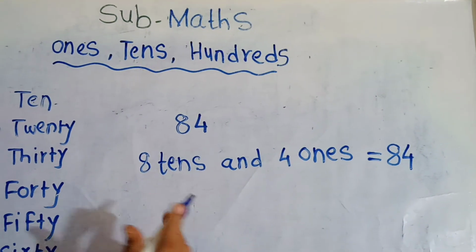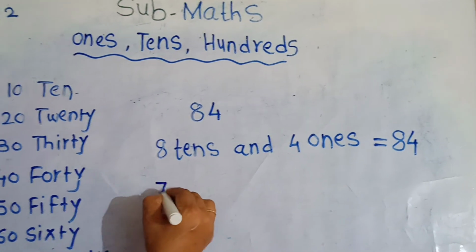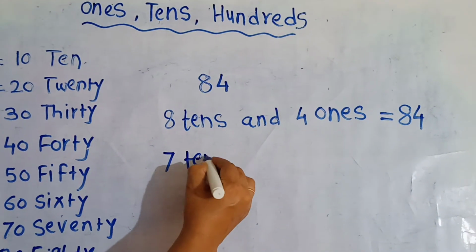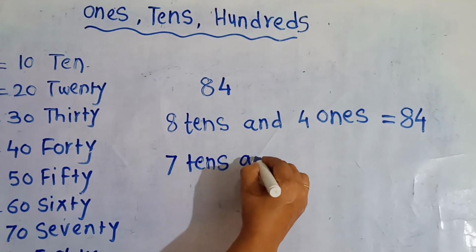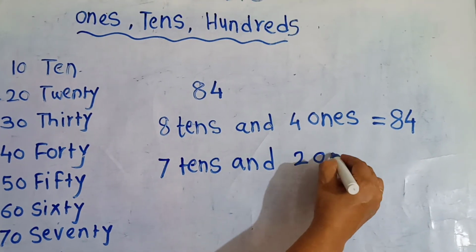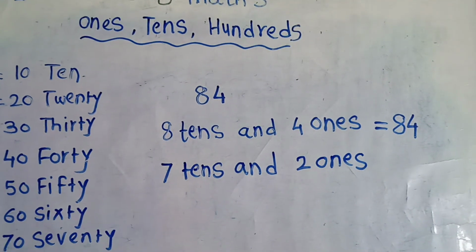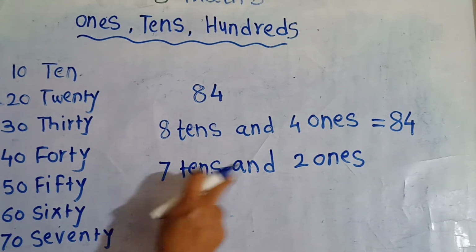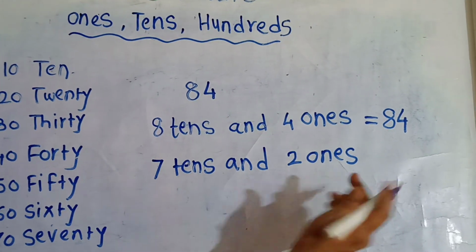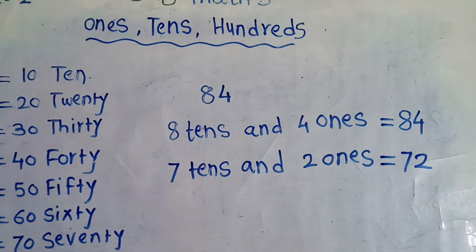Okay. If there is 7 tens and 2 ones, then tell me which number is that? 7 tens and 2 ones means the number will become 72.